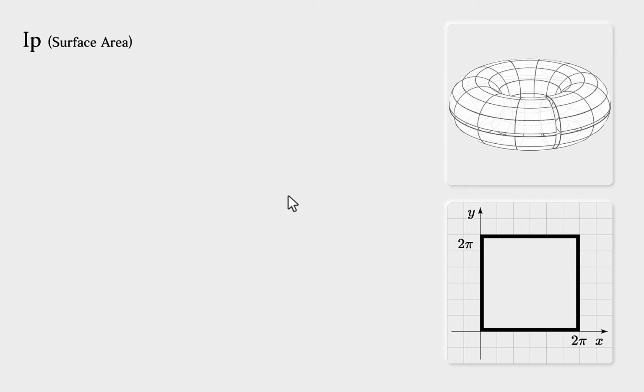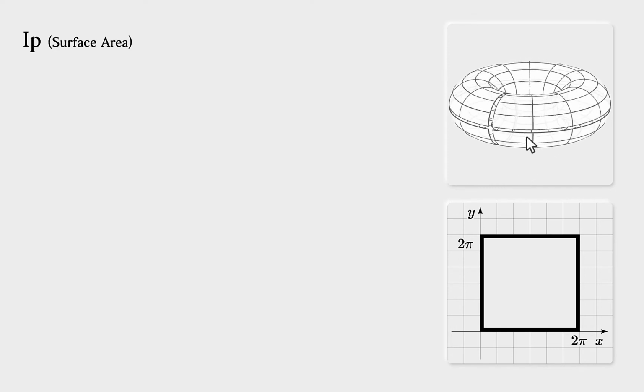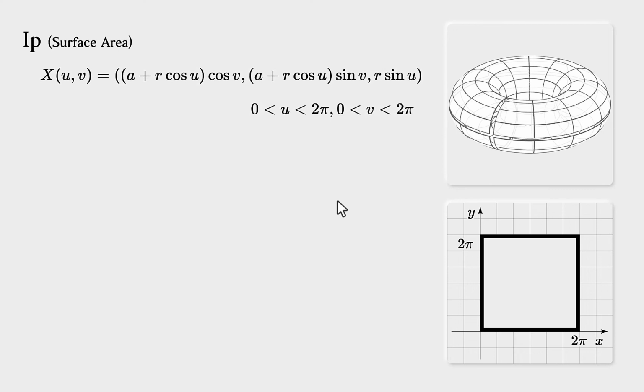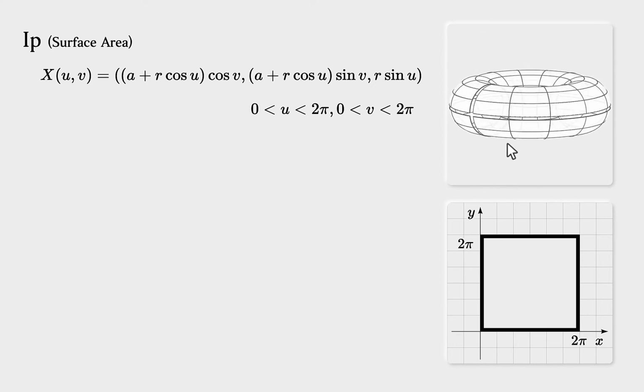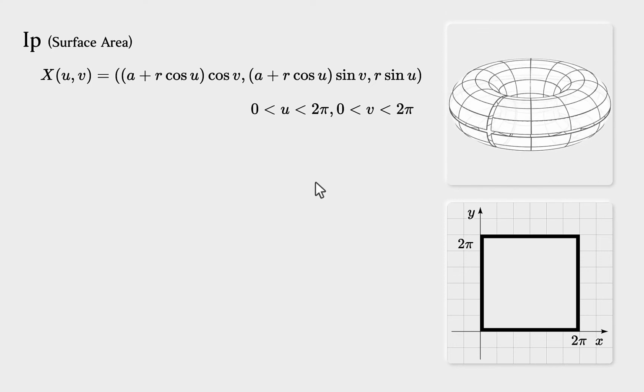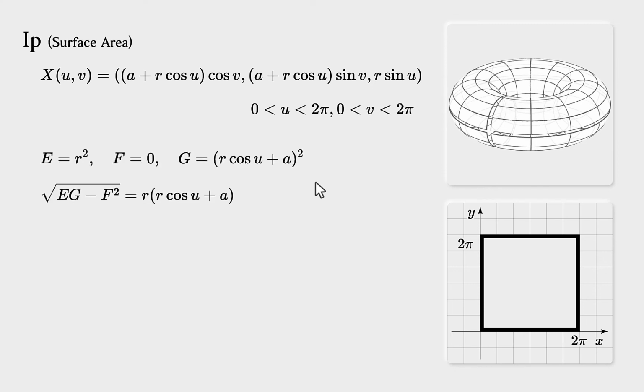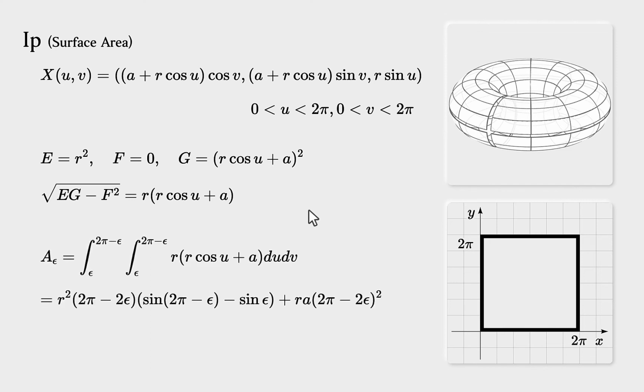Here we have an example. Let's calculate the surface area of a torus. First, we have the parametrization, and notice that the range of u and v doesn't include 0 and 2 pi. So technically, there are two gaps on the torus. And then we calculate its first fundamental form, and we integrate it over this area.